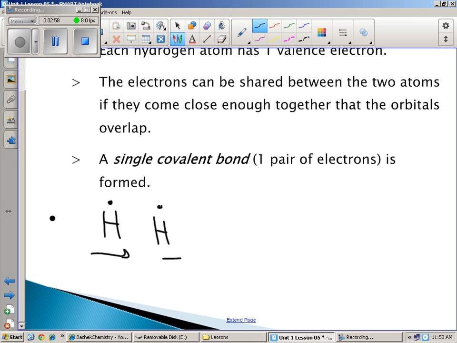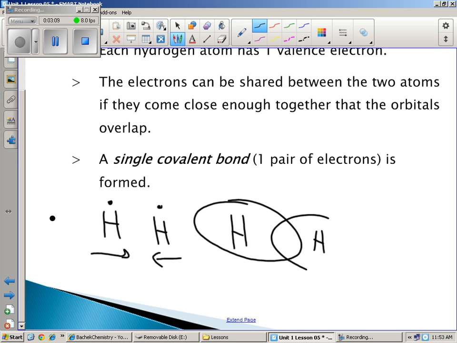So when these two come close enough together, there's the electron going around and around there, here's another hydrogen atom with an electron going around and around, and there's some overlap there, orbitals overlap. So what happens to those two electrons? Well, let's say there's one here and one here, but they are shared between those two hydrogens.